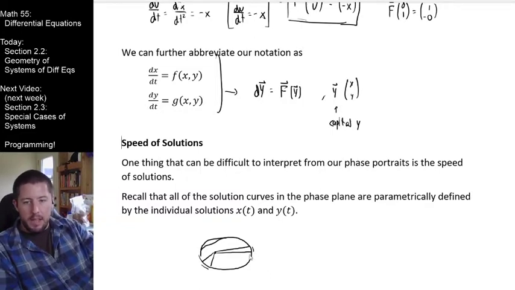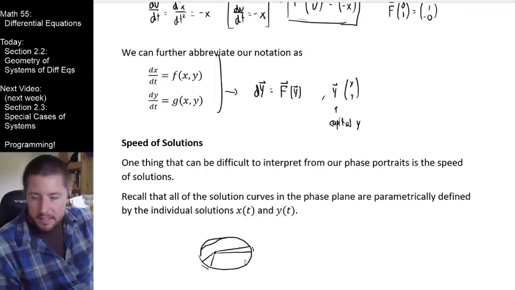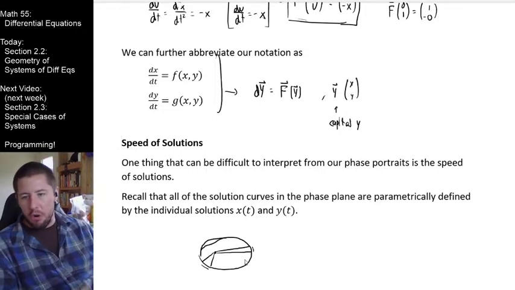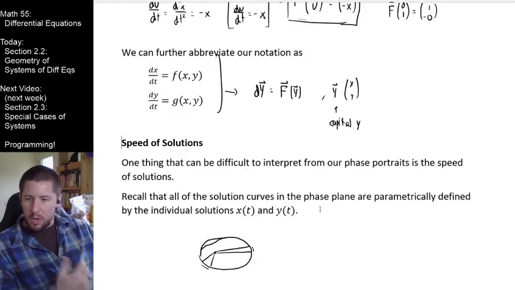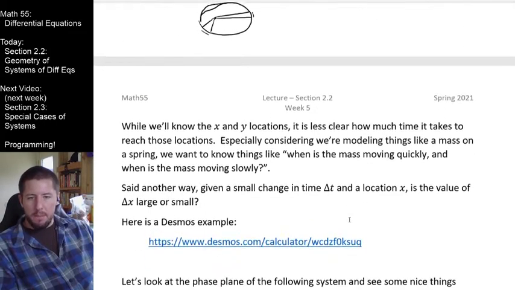So when we are nearer to the sun, we are revolving around it much quicker, and we're moving much slower over here. That's the type of information that we cannot see when we just look at a static curve in the phase plane. So we want to ask ourselves, is there some way that we can recover that information a little bit, right?